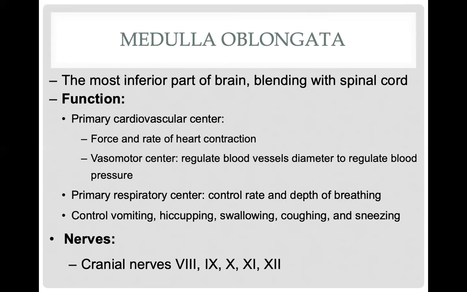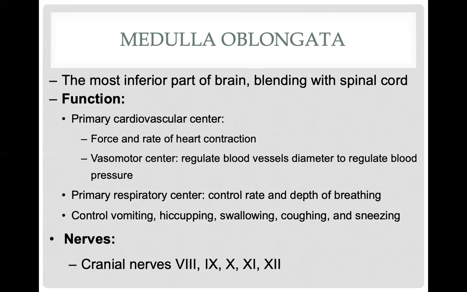So what is the job of the medulla oblongata? It is acting as your primary cardiovascular center. What does that mean exactly? It means that it has the ability to control your heart rate. So elevation and decrease of your heart rate is depending on your medulla oblongata.